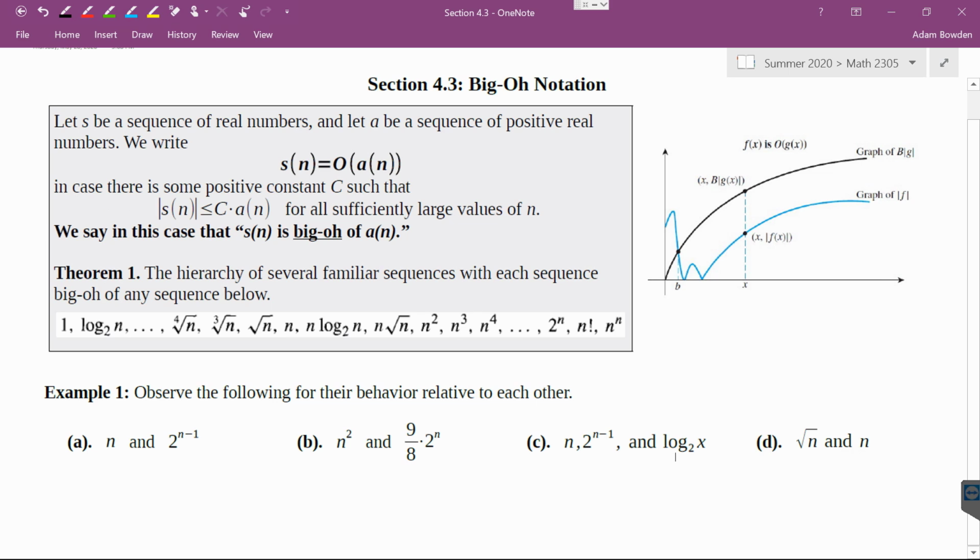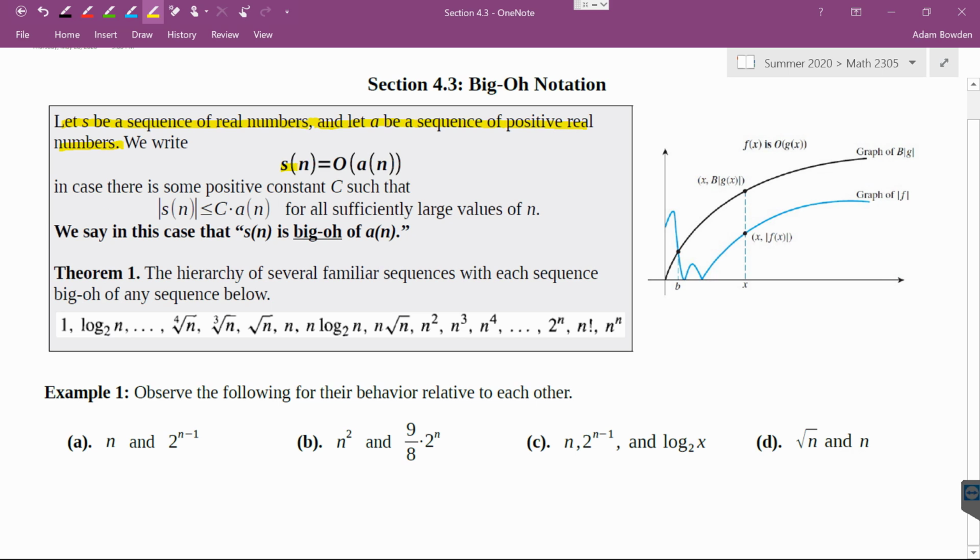We're going to talk about its definition, and we're going to go through how to recognize how different things are written in this notation. So let's start with the definition. It says, let S be a sequence of real numbers. Strictly, sometimes this is also used in function notation as well. And let A be a sequence of positive real numbers.